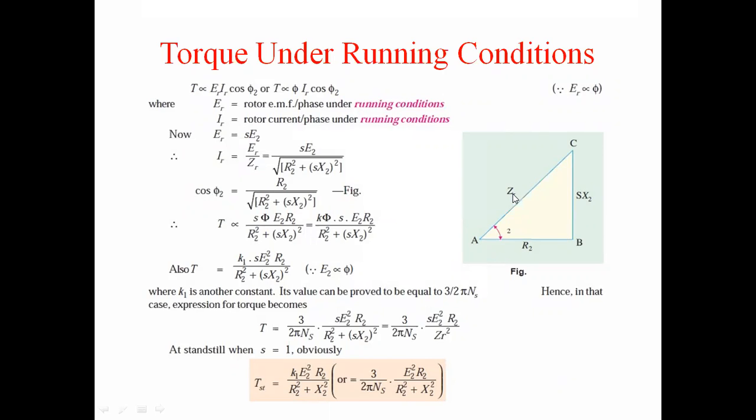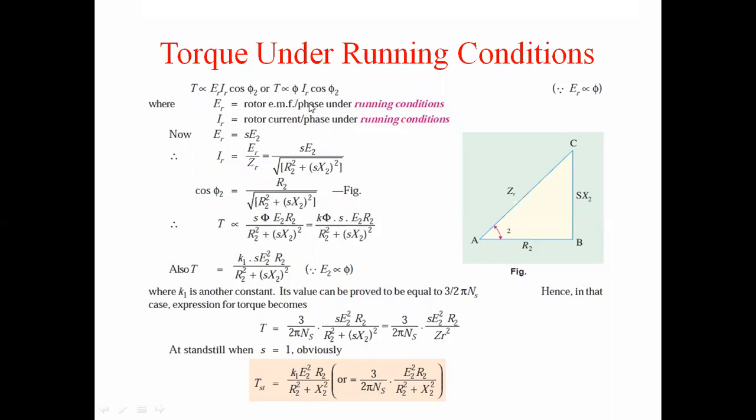Now here we will see the torque under running conditions. As I know, the equation is T proportional to E2 I2 cos phi 2, or simply T proportional to phi into IR into cos phi.